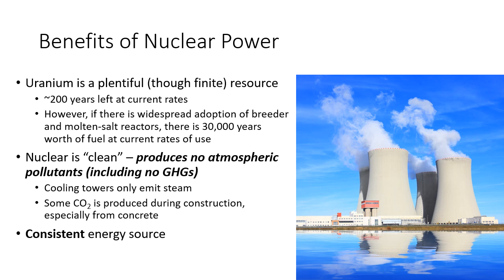Again, whenever you see a picture of those cooling towers, it's just steam. There is going to be a little bit of CO2 generated from all of this concrete, but I would argue that if you have a coal burning power plant, you're going to be creating cooling towers anyway. So I would say that the CO2 from construction is negligible compared to the amount of CO2 that you save by using nuclear over the long run.